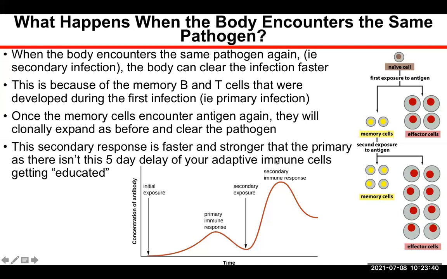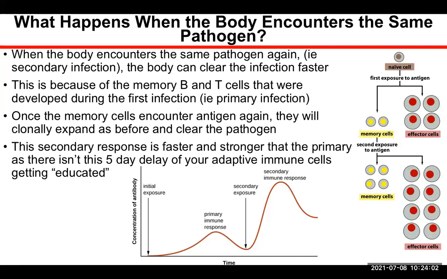And so if you were to get a secondary infection, once these memory cells recognize that there's a secondary infection, they're going to be able to not only respond faster, but the amount of response is going to be a lot stronger.